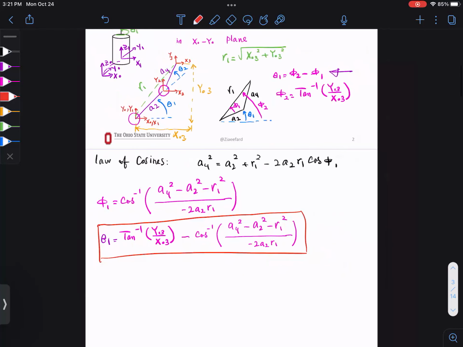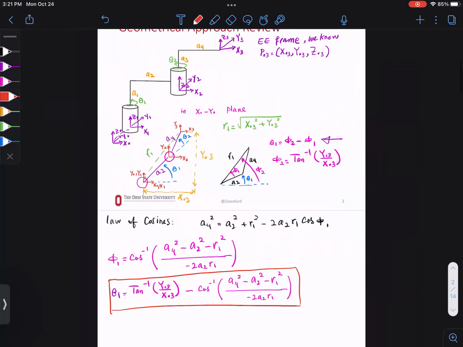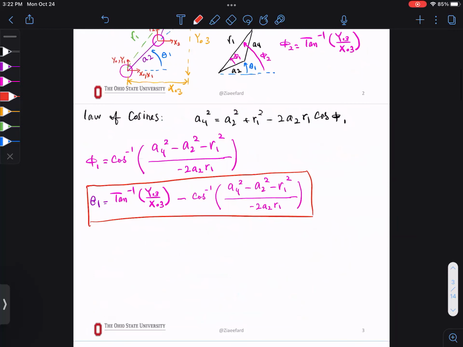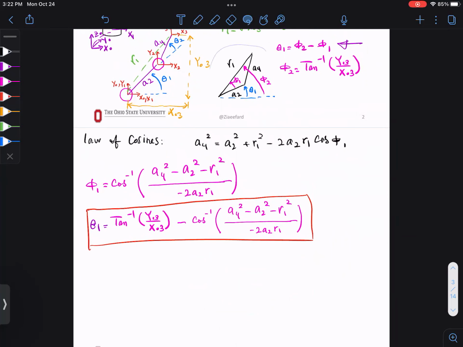All right. How many joint variables did we have? 2. We found a relationship for one of them, theta 1. Now we need to find a relationship for theta 2. So from this, I'm going to copy this and bring it down here.